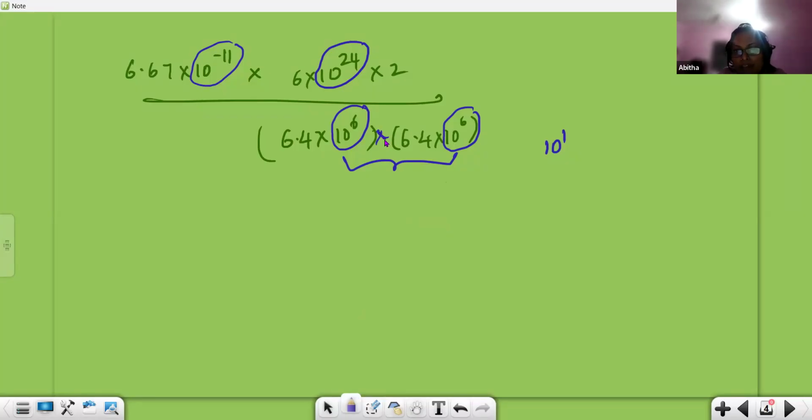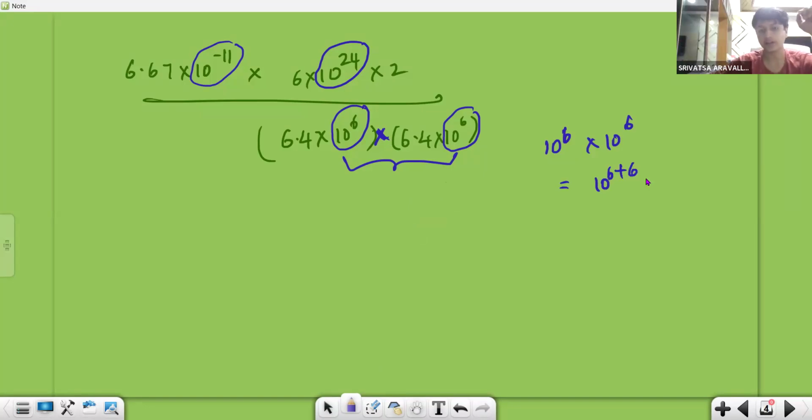Generally, whenever you have a multiplication term, 10 power 6 into 10 power 6, what we have to do is add the two powers, 6 plus 6. Yeah, I know the exponent law. It will be like 10 to the power of 6 into 10 to the power of 6. Generally, it is like this. It is the product law.